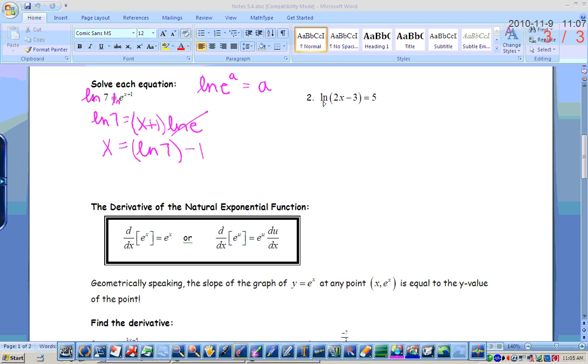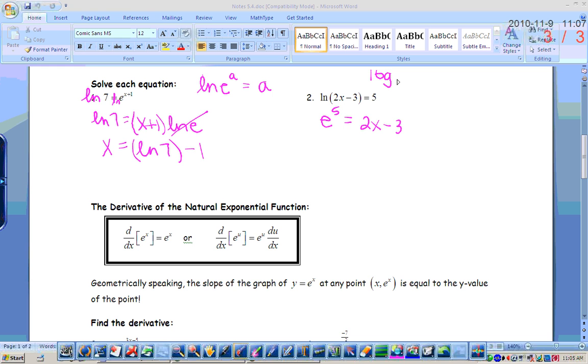If you start with a natural log, then we can use exponents to help us here. Is there a way to rewrite this in exponential form? e to the 5th equals 2x minus 3. Yeah.